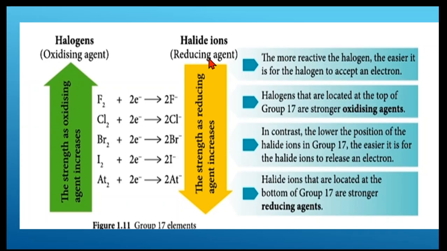And here, down the group 17, the strength of reducing agent increases. Okay, the more reactive the halogen, the easier it is for the halogen to accept an electron. Macam tadilah. This one. Klorin itu lebih senang untuk accept electron berbanding bromine tadi.